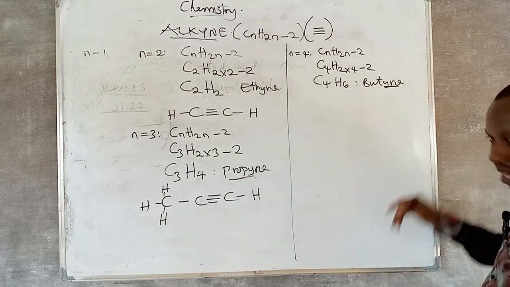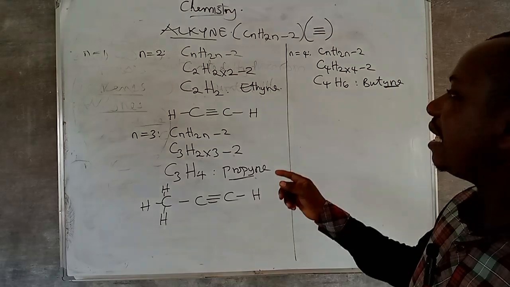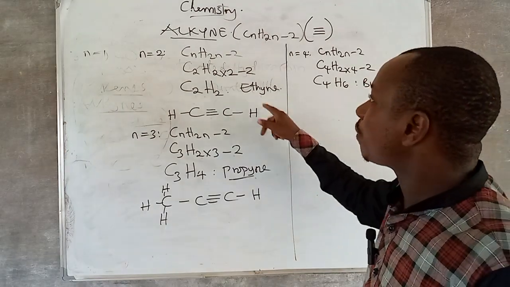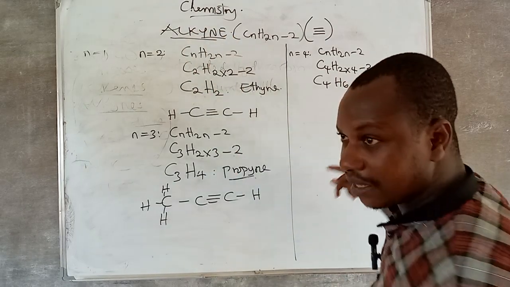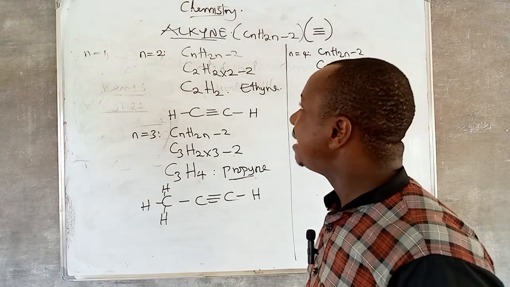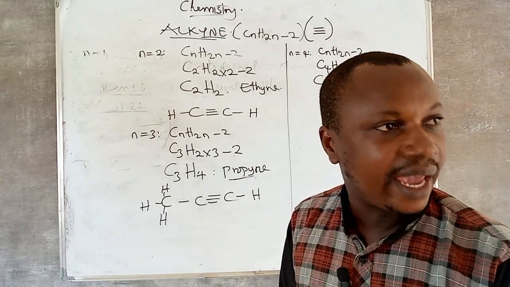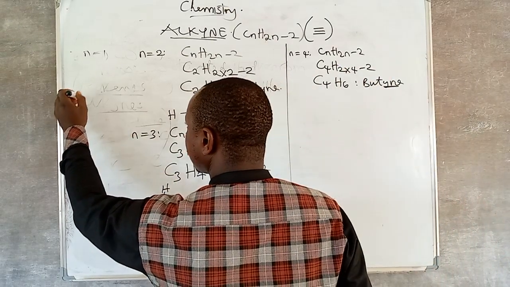Don't forget the naming. The name will carry the suffix of the parent. Don't forget the parent has an A-N-E ending. In fact, alkyne is named by replacing the ane ending of alkane with yne.